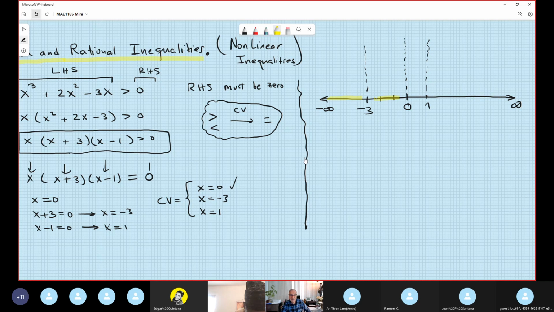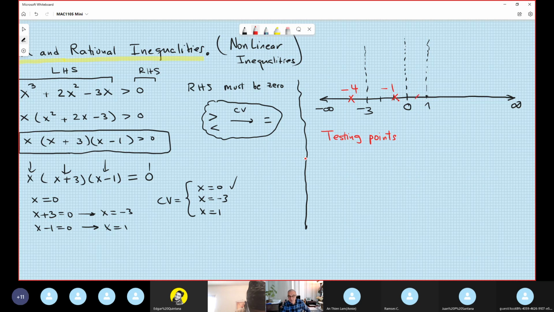And you pick 4 testing points. Testing point selection: you select an arbitrary point inside each interval. Suppose I select -4. Suppose I select here -1 or -2 or whatever negative inside this interval.